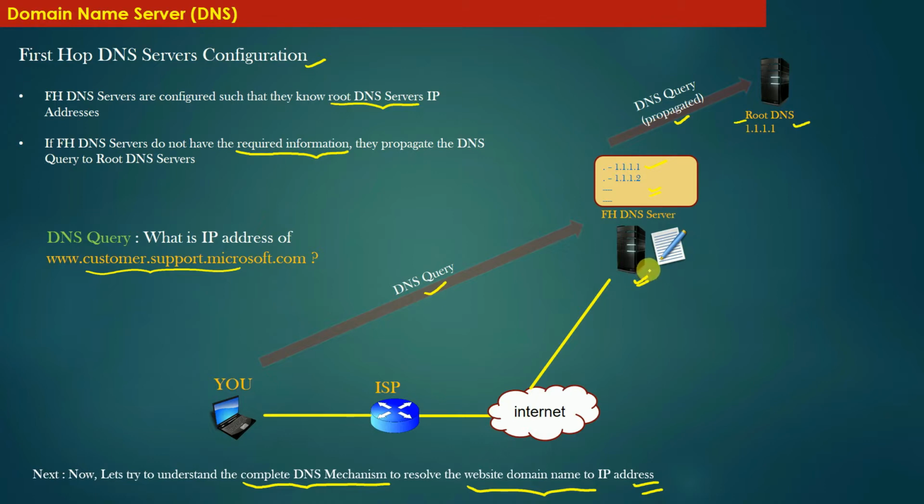And now from here we can dive into a complete discussion of DNS mechanism. That is how DNS system is able to resolve the website domain name to an IP address. So next we are going to discuss how actually DNS system works.